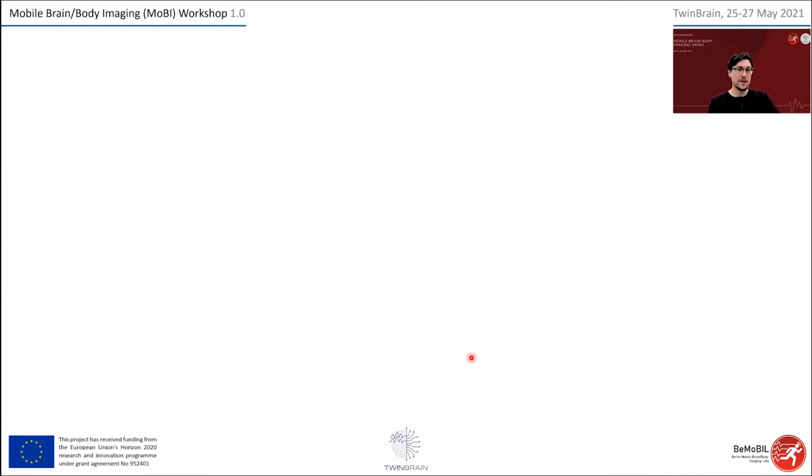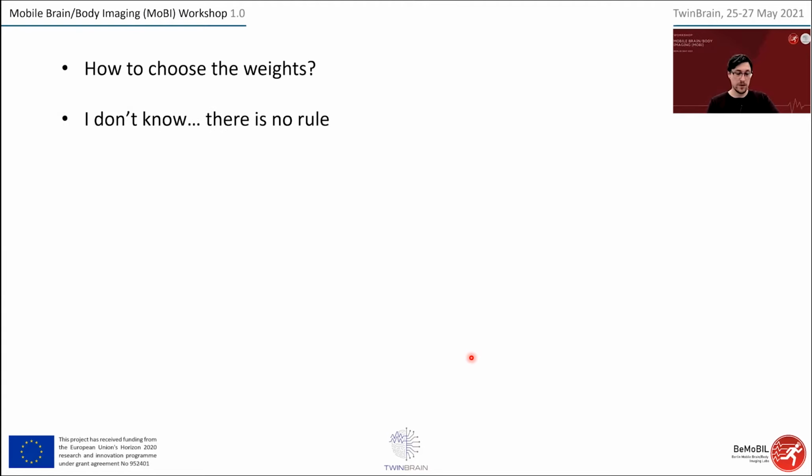And in the meantime, I'm talking about this question: how do we choose the weights? If anyone knows, please let me know. There isn't really a rule for this. It's really difficult, and probably the biggest problem with the clustering is that there are a lot of researcher degrees of freedom here, because you can basically choose the weights however you like.